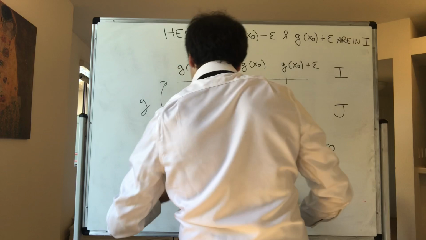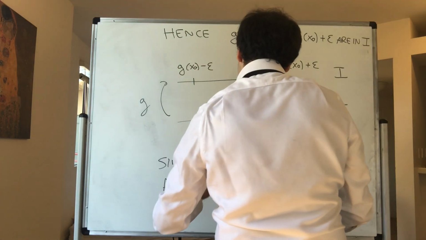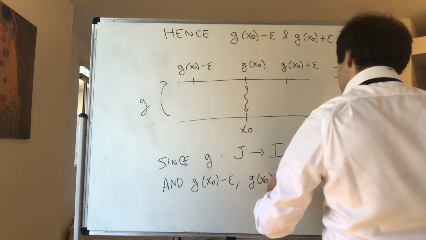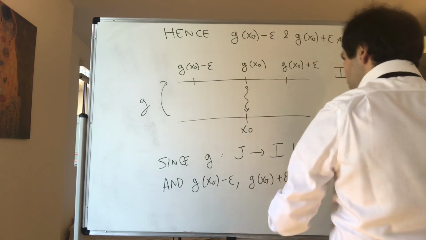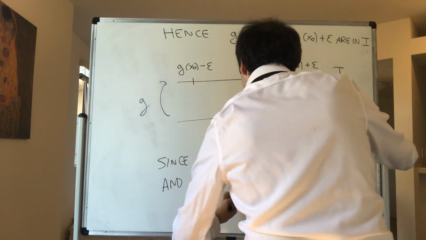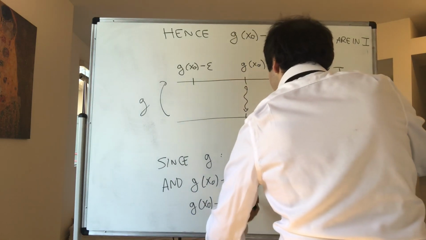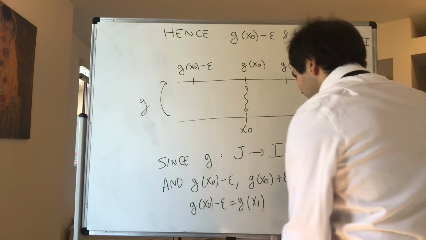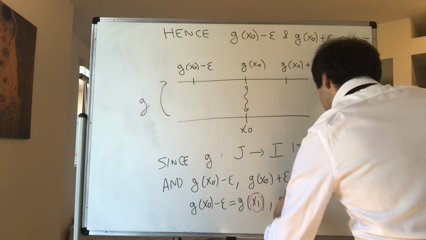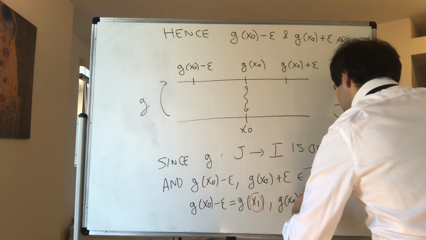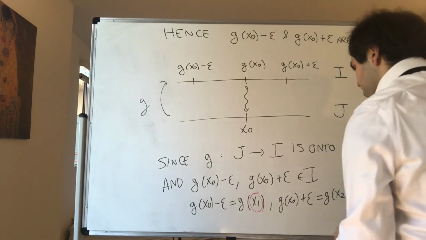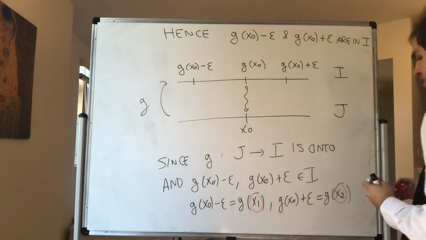So g of x0 minus epsilon and g of x0 plus epsilon are in I, and we get that g of x0 minus epsilon is of the form g of something, so g of x1, let's say, and g of x0 plus epsilon is of the form g of something, where that something is also in J.